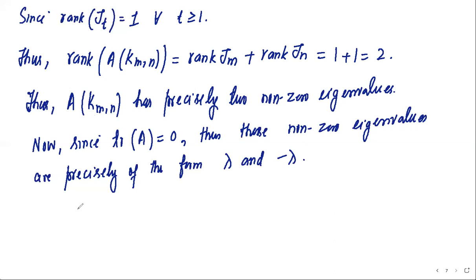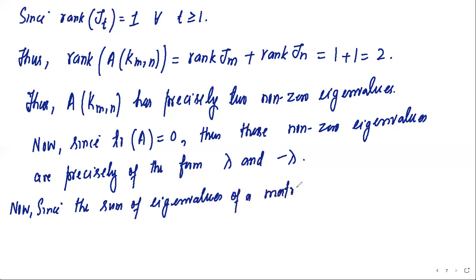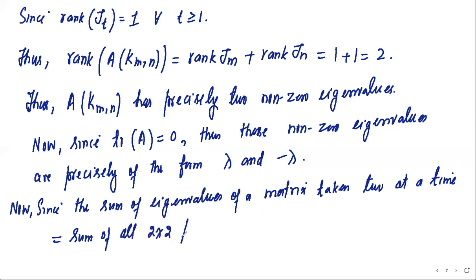Now, since the sum of products of eigenvalues of a matrix taken two at a time is equal to the sum of all 2 cross 2 principal minors.